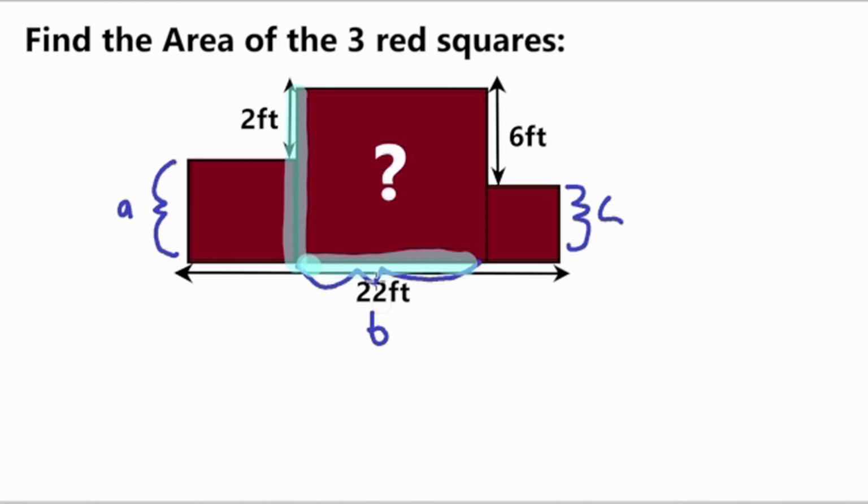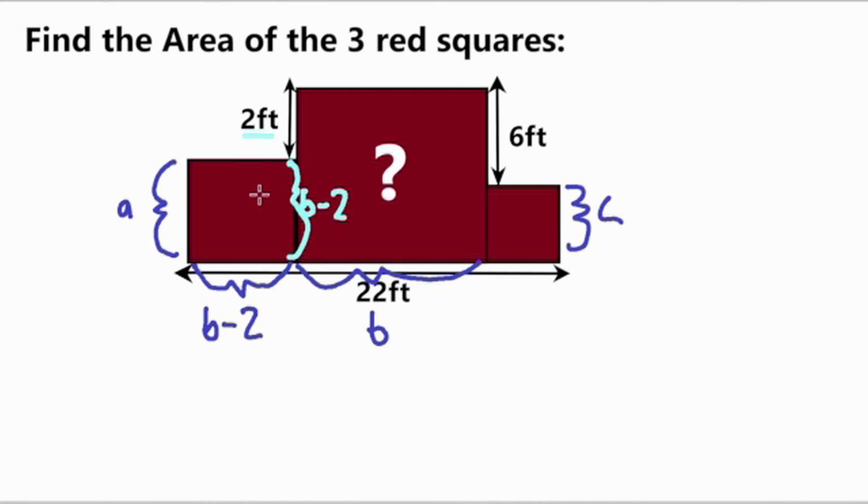So if this is B, this one is also B, and then that means we can rewrite A as B, this whole side length, minus the 2 feet here. So this is B minus 2, and since that is B minus 2, this side length also has to be equal to B minus 2, because the side lengths are the same.